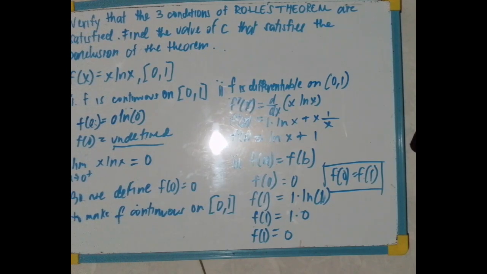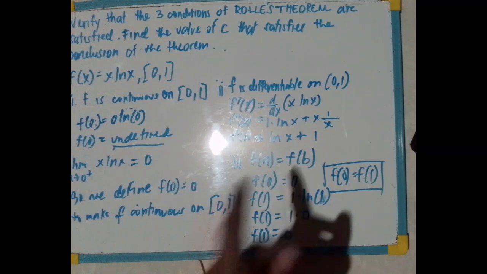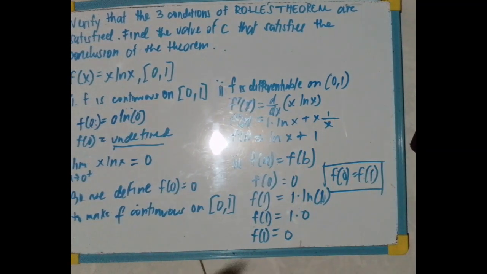X times natural logarithm of x is differentiable on the open interval 0 and 1 because its derivative exists and is defined at every point in that interval, because ln x plus 1 exists for all x greater than 0, including all x element of the open interval 0 and 1. So no sharp corners, no discontinuities, and the derivative is valid throughout the open interval.